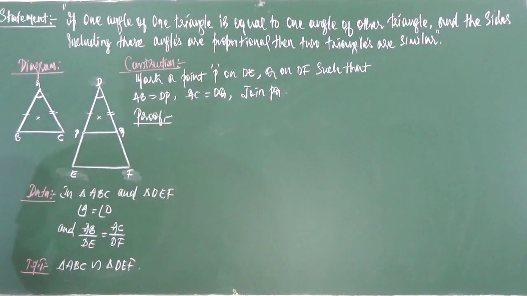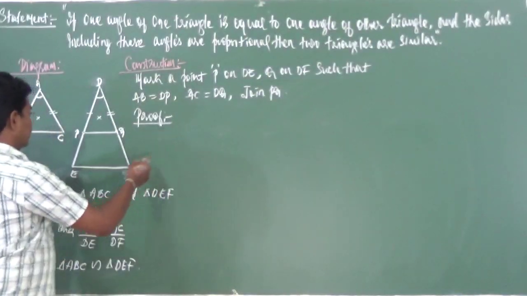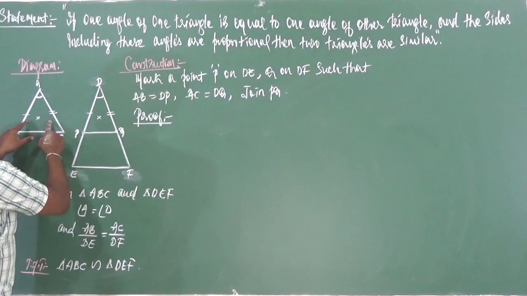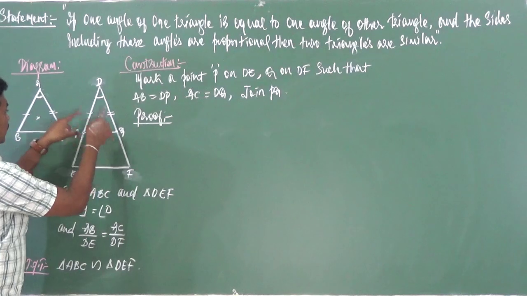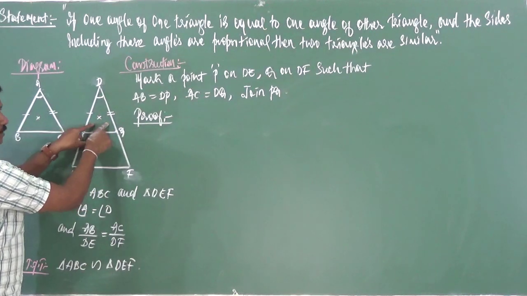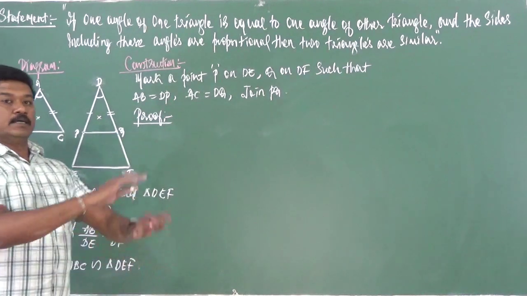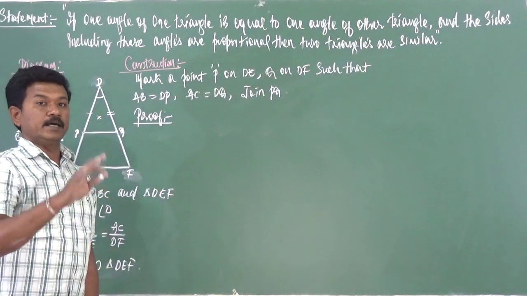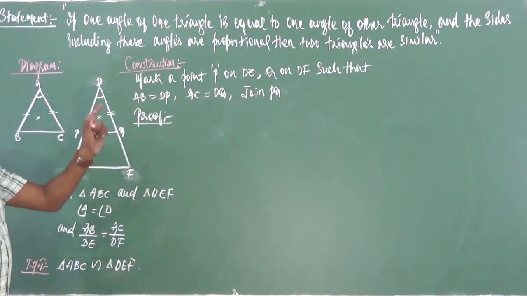Just I have taken this triangle inside this triangle, and I have to prove that this is not different and this is not different. So both are same. If I want to prove that two triangles are same, then I have to prove that they are congruent. So let us prove these two triangles as congruent.